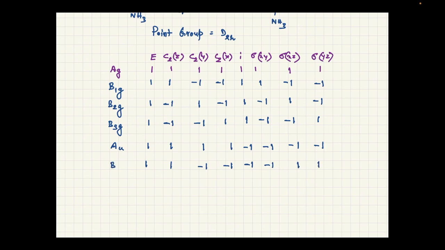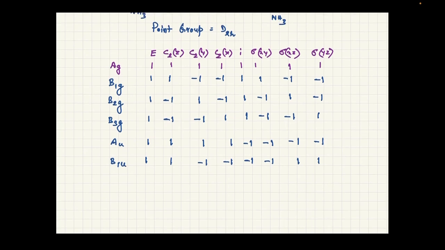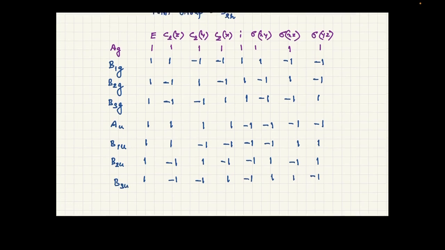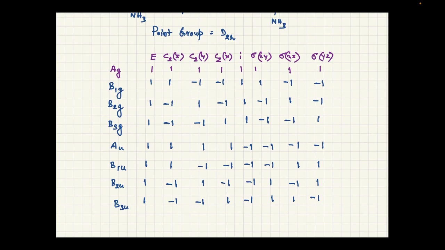It will be B1u, B2u, B3u. Okay, so this is the character table.